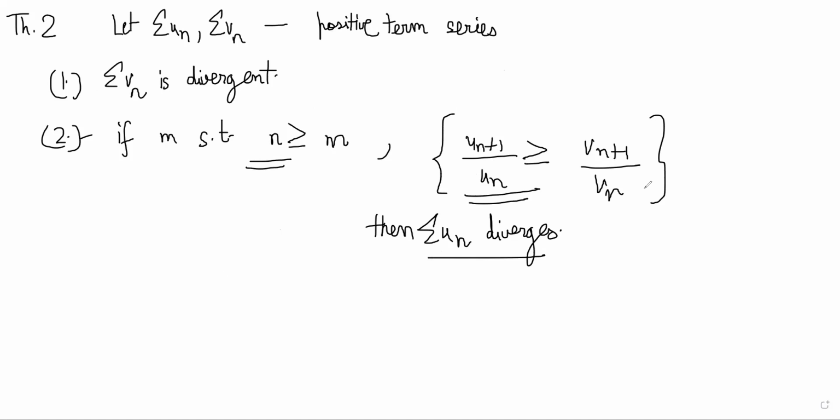It has to be true for every n beyond some cutoff point. Then the series will diverge, or for theorem 1 the series will converge if the inequality is less than or equal to.